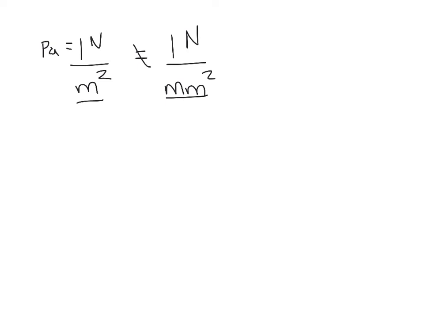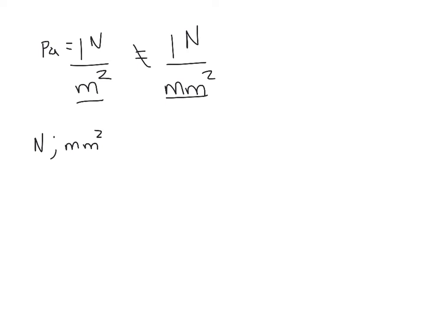Now there are also going to be situations where the problem statement is in newtons and millimeters squared, just like I talked about. But there's a trick that I will use often in this class.